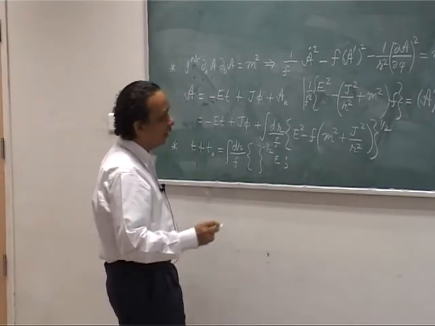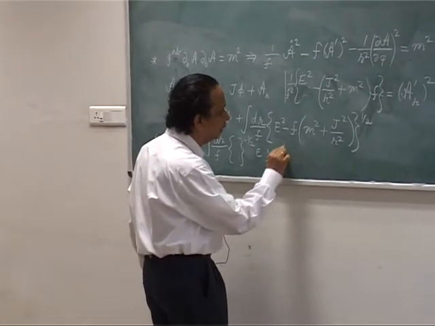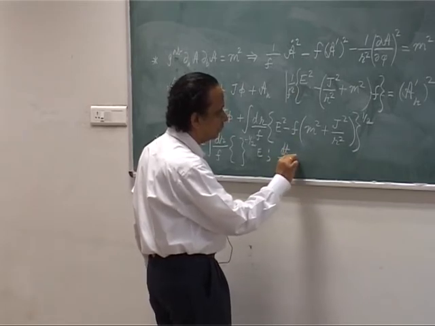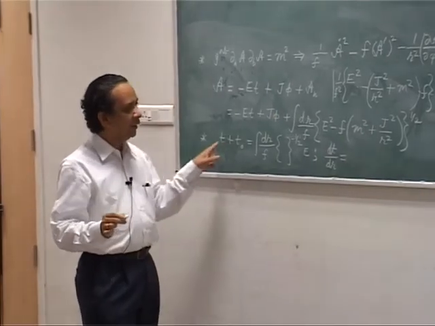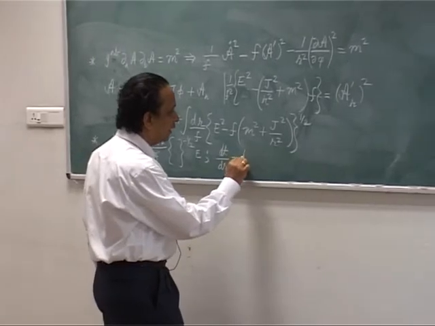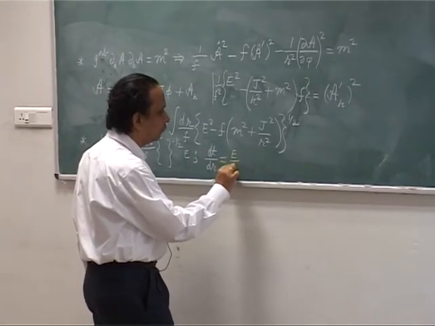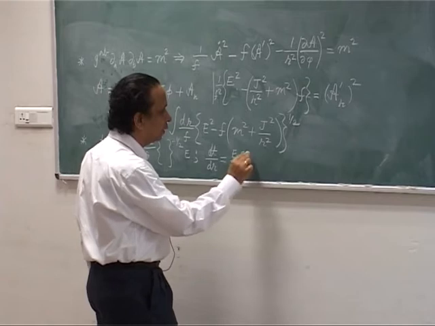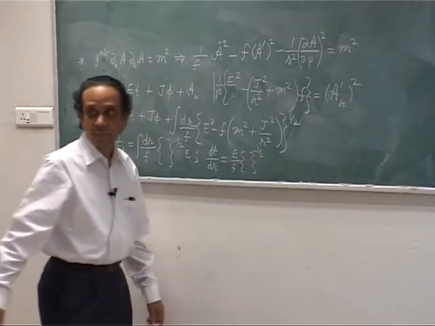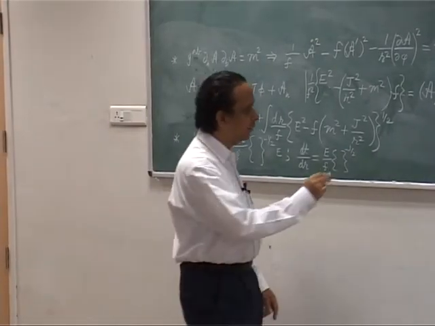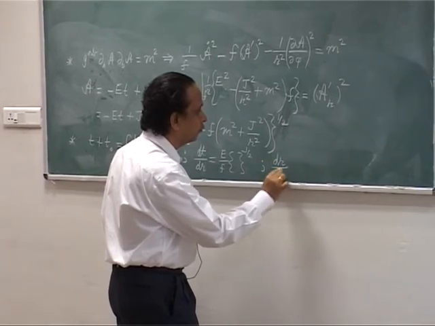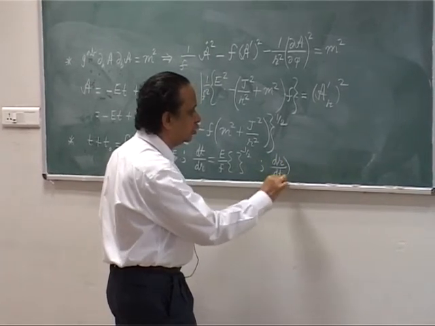So from this I can write dt by dr. So take dt, then there is a dr already here. So dt by dr is 1 by F, or rather E by F. That curly bracket is a convenient variable, raised to minus half. Okay, which in turn implies that dr by dt, the whole square.